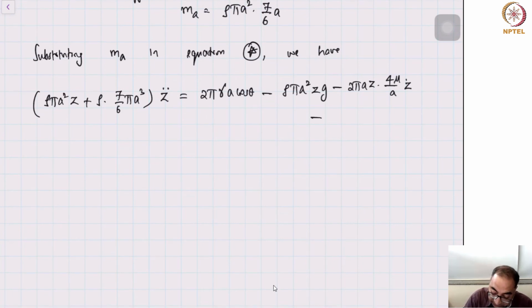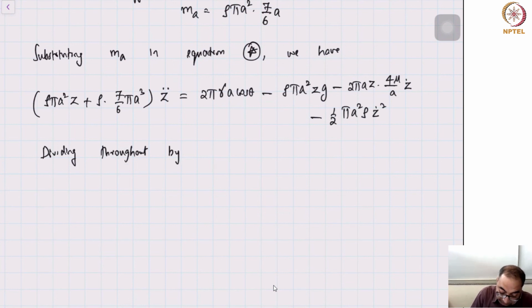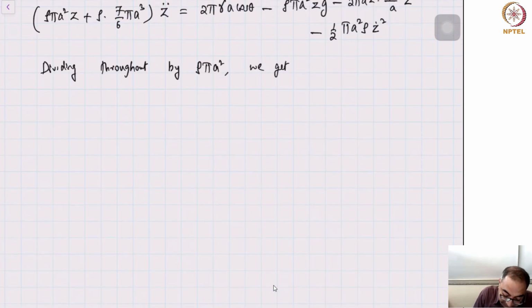And finally, I have the dynamic pressure term, that is half pi A square rho Z dot square. Okay. Now we can divide throughout by rho pi A square. We get, what's the expression we get?